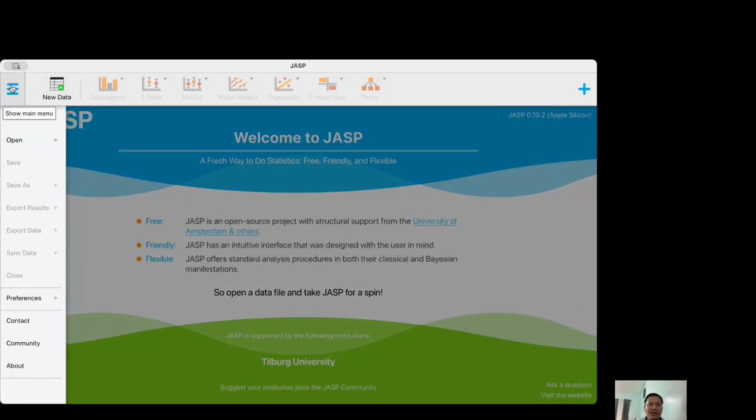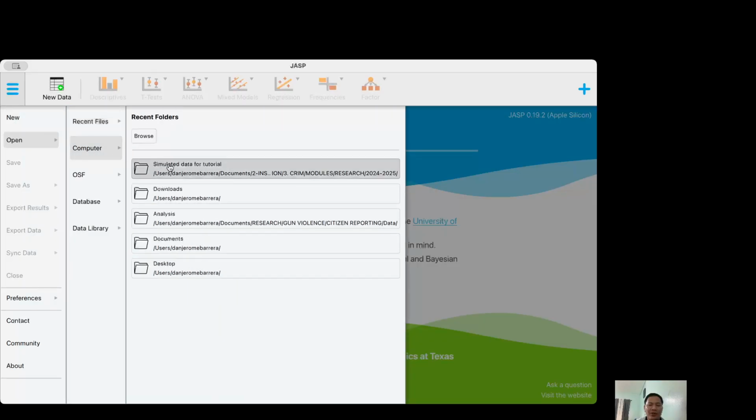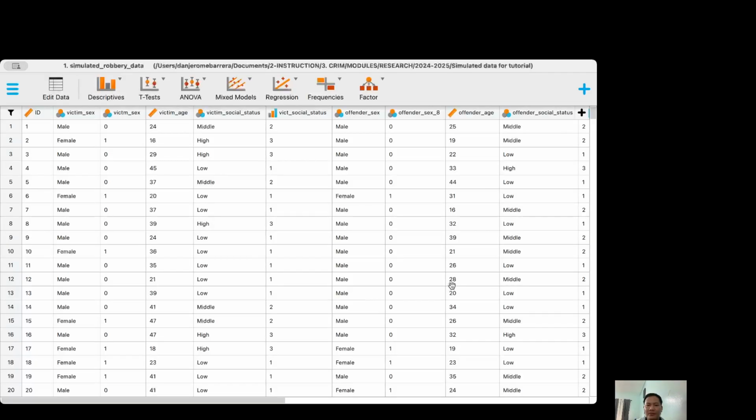Click the main menu, click open, click computer, then go to the folder where you saved your data. So here in my folder I have the data. Click it, then click open. So we have now the data before us. We'll be performing univariate, bivariate, and multivariate analysis after this lecture.